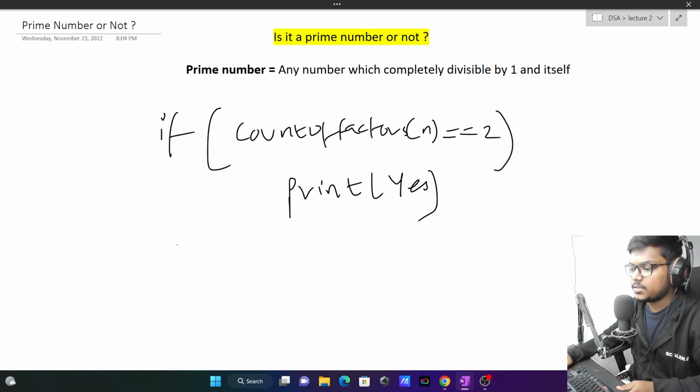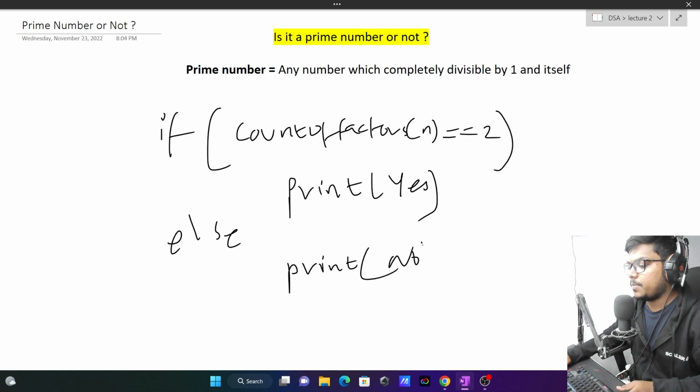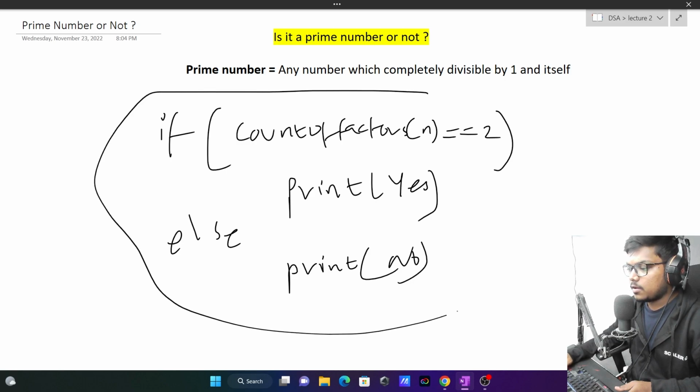If the count of factors is not equal to 2, then print no, it is not a prime number. Can you see the simple approach?